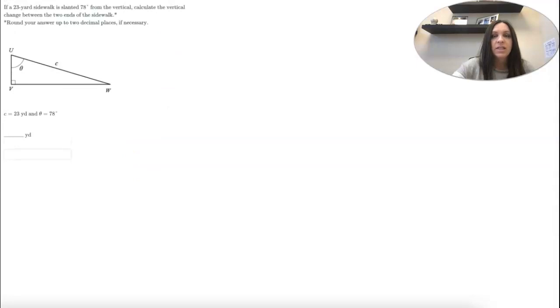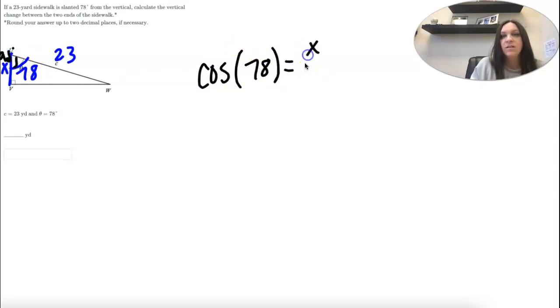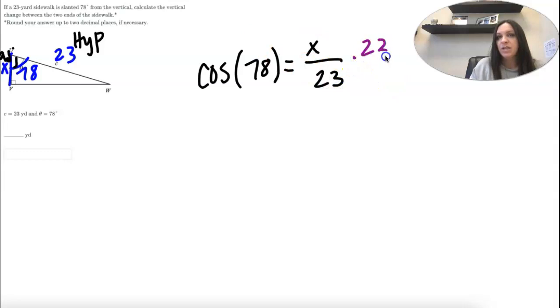So this one's the same question. We just have different angles. So this time we have 23, our theta is 78, and we're trying to find x. So again, it's cosine of the angle because we were trying to find the adjacent and we know the hypotenuse. So times both sides by the denominator.